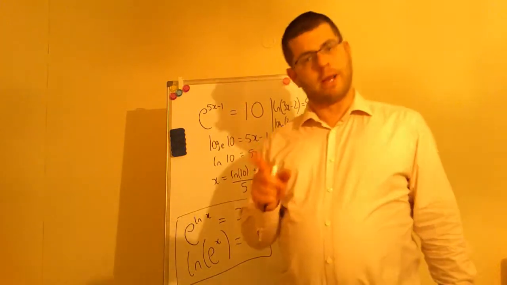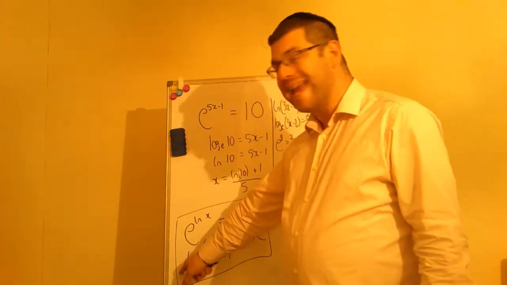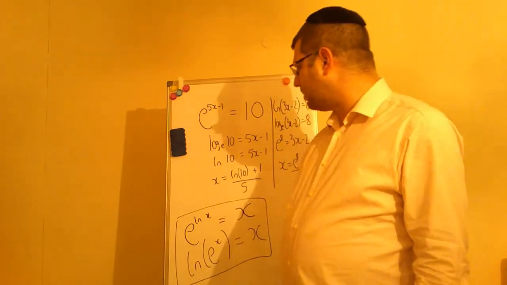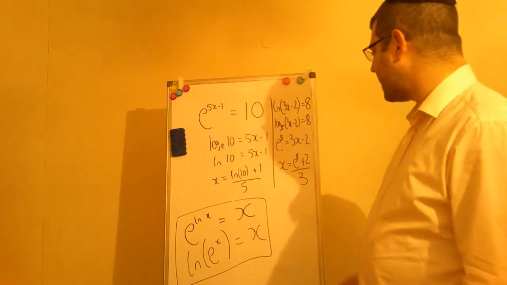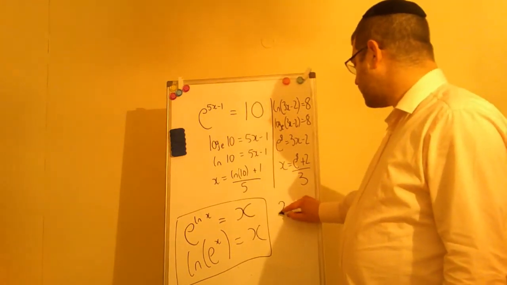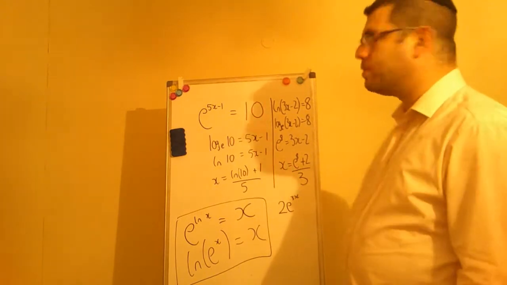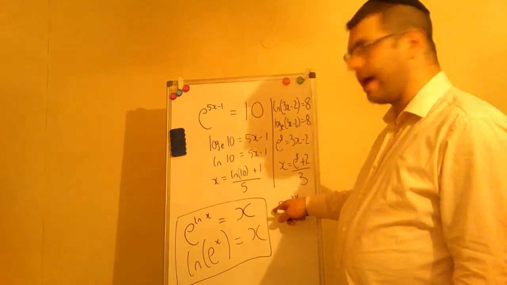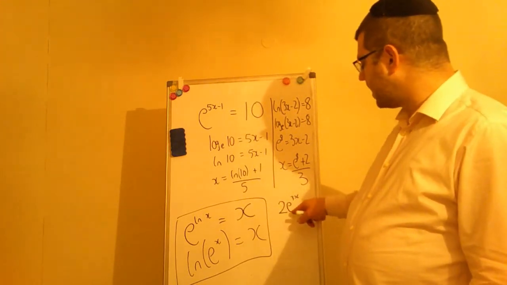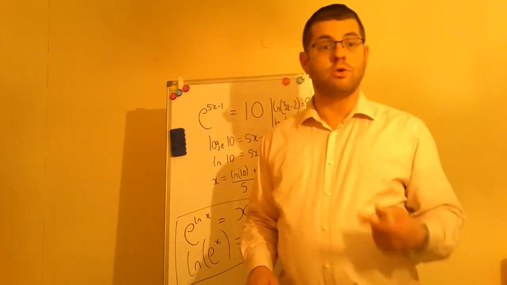Now, what you need to worry about is if there's numbers in the way. Now, if there's a number in the way here, it's less of a problem than over here. So let me show you what I mean. So let's suppose that I have a term, okay, 2e to the 3x. I cannot put a ln there because the ln and the e won't cancel because of the 2. You could ln 2e to the 3x and then you'd split it up.